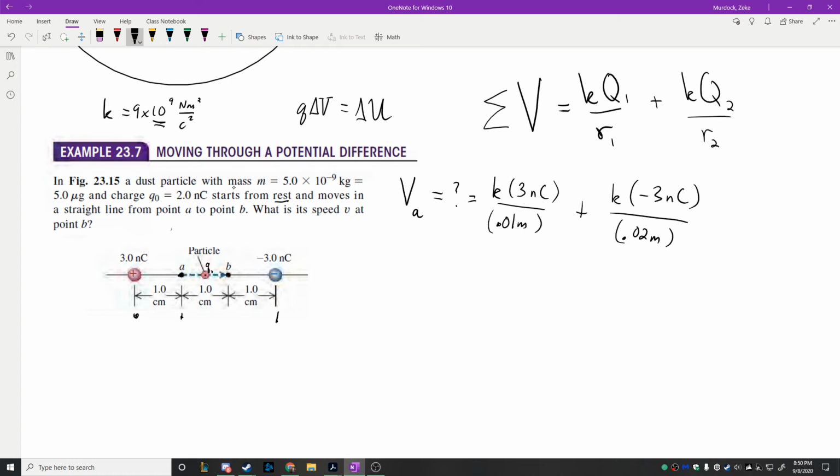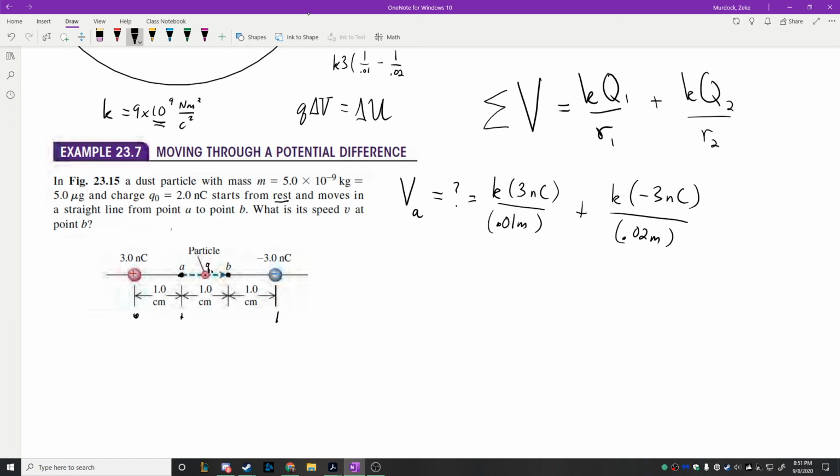What do you get out of this if you calculate this here? So it ended up being something like K times 3 times 1 over 0.01 minus 1 over 0.02.